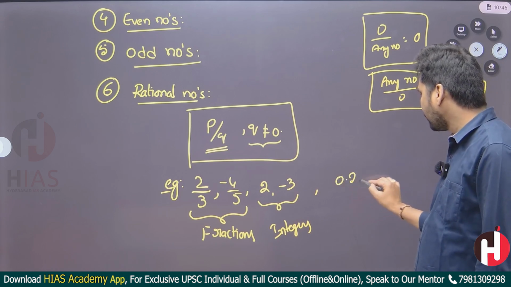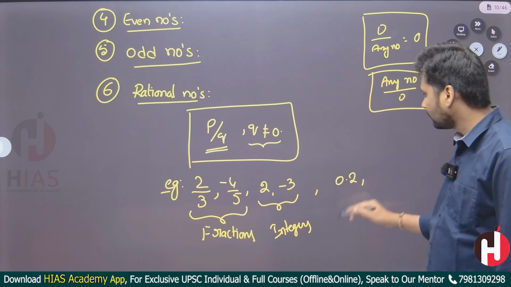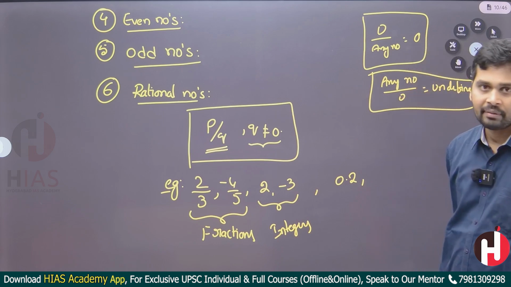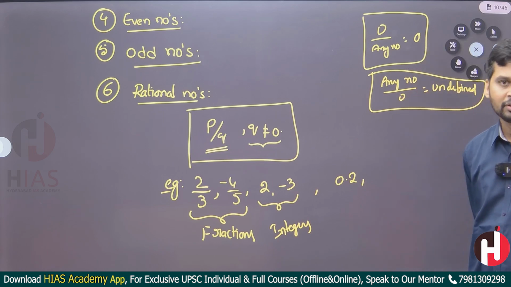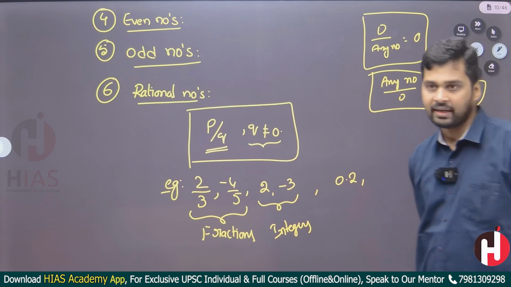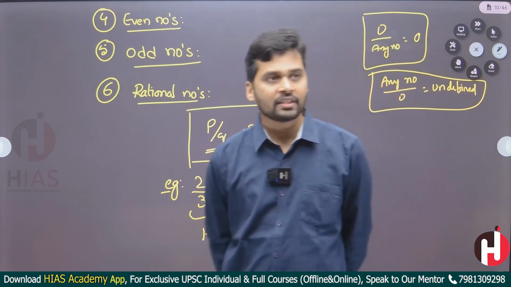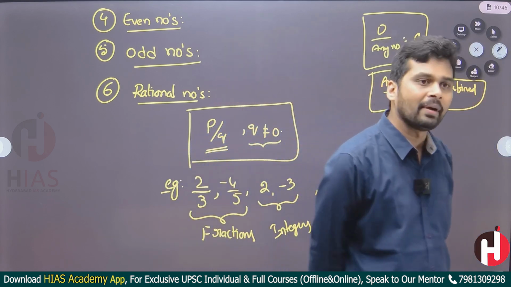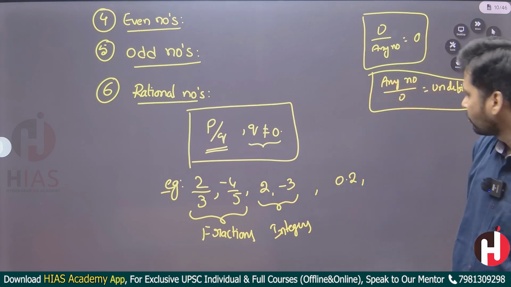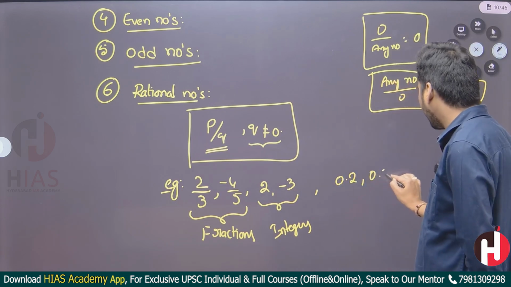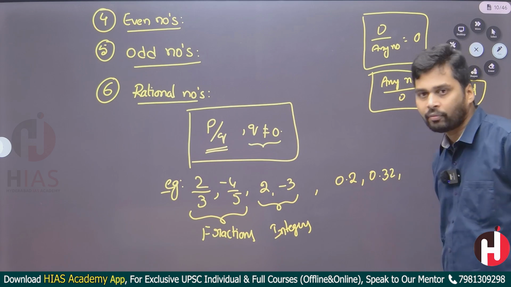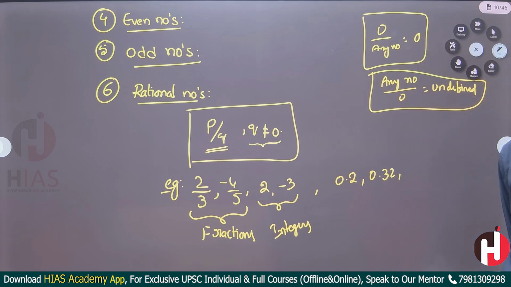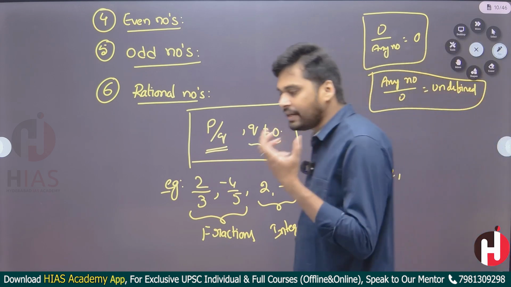Suppose I take 0.2, can I take it as a rational number? 0.2 means 2 by 10. So decimal values you can write in the form of P by Q. Suppose you take 0.32, that means 32 by 100. So you can take any decimal value.